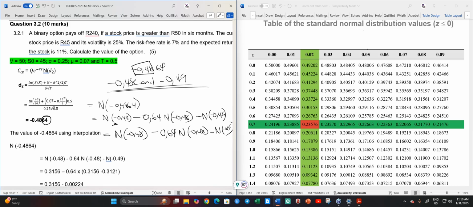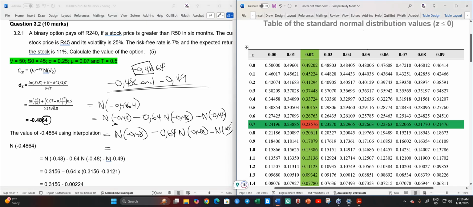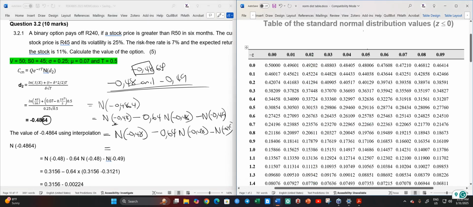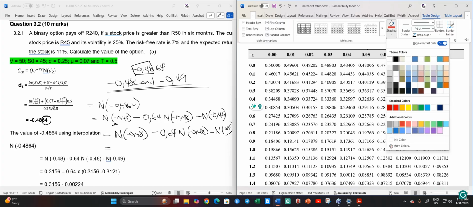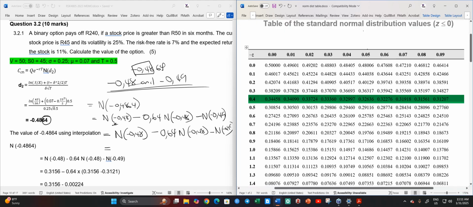So what we will now do is to say that's equal to n of minus 0.48. What is n of minus 0.48 from our table? Let me undo what we did here so that it becomes clear. N of minus 0.48, I can draw my straight line on minus 0.4. Here, I get, let me put a green here, right? Then I go to the column that has 8 here to make it minus 0.48. That's the one here.